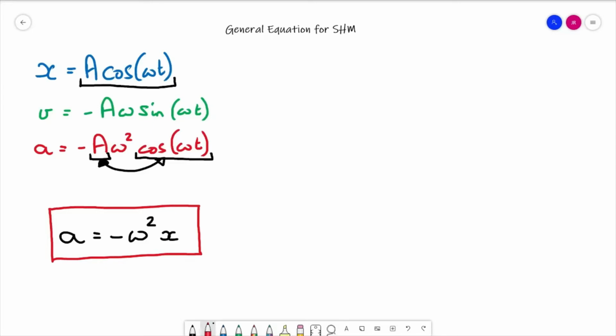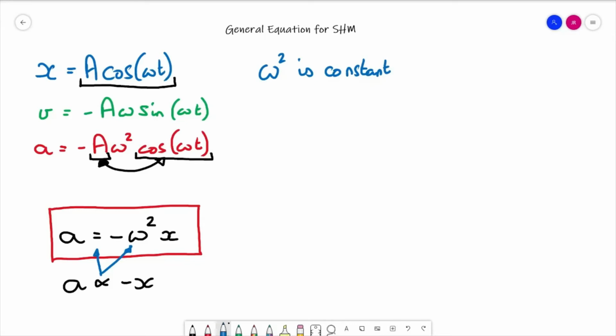Now what we've also managed to do, again if you remember back to the last video, we said that a is proportional to minus x. What we've managed to do is prove that proportionality, prove that a is proportional to minus x, but we've also managed to replace the proportional sign with the equal sign and the constant of proportionality. Now, of course, what that implies is that omega squared is a constant.